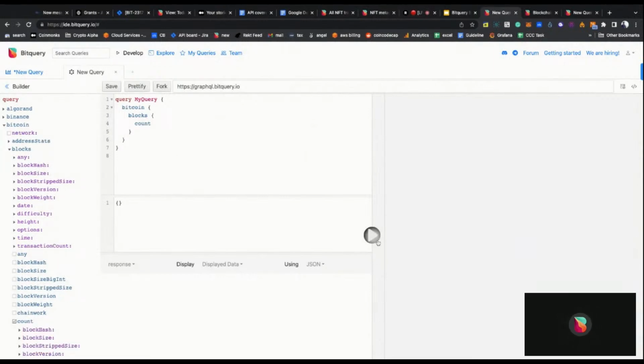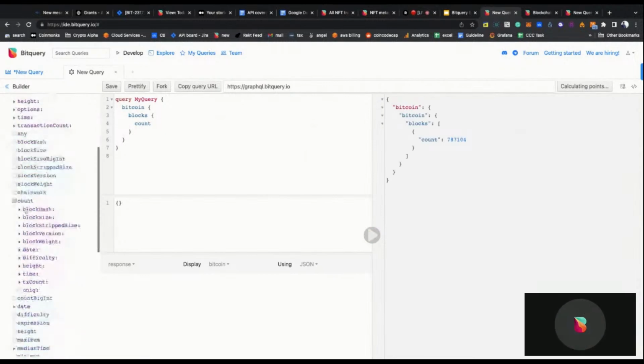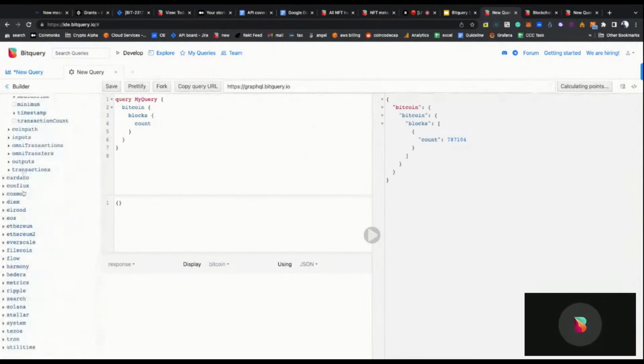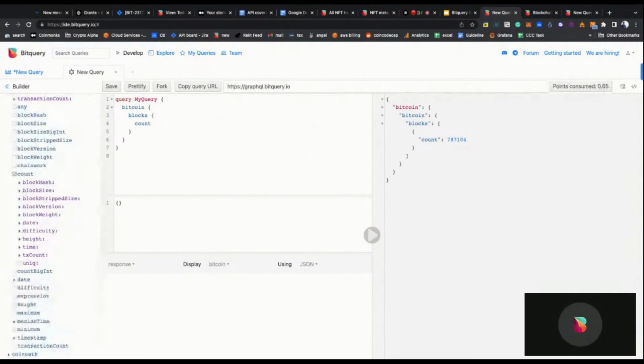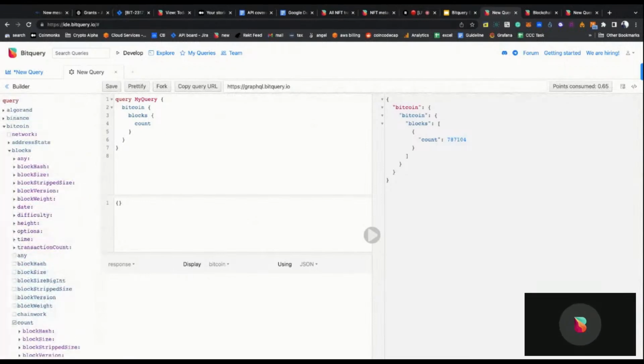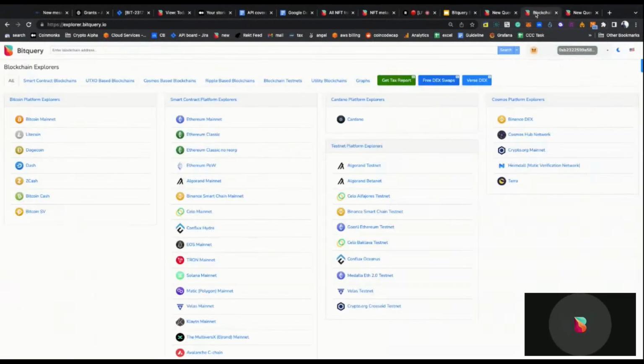You can use this builder, which many people use who do not understand GraphQL initially, and it makes it easy. But one of the best ways to get started is our own explorer. This is a multi-chain explorer where we have almost all the chains we support.